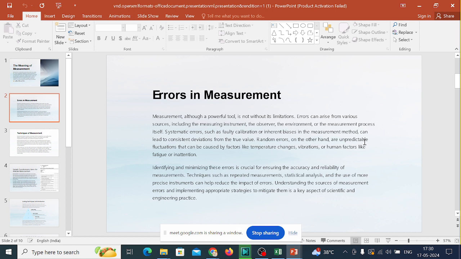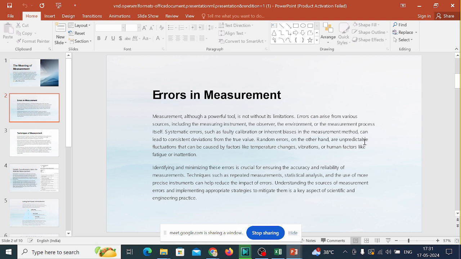Because all these criteria can be met in the measurement of gold: the temperature of a room, the temperature of the scale, and the salesman who measures your gold ornaments may have some problems.